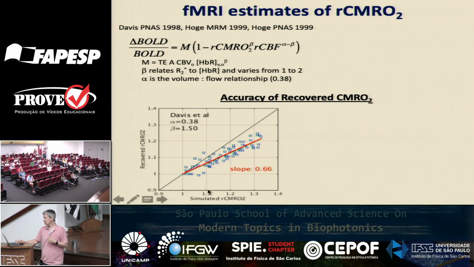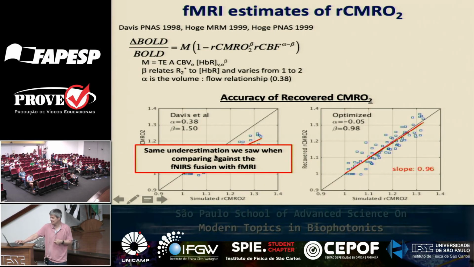And so this is showing if we estimate the evoked changes in oxygen consumption using the standard Davis model, compared with what the ground truth is, we underestimate the evoked changes in oxygen consumption. This underestimation is pretty much the same underestimation I showed you at the beginning of the talk with the fusion of fNIRS and fMRI. But if we use the optimized model parameters, we can recover oxygen consumption quite accurately.